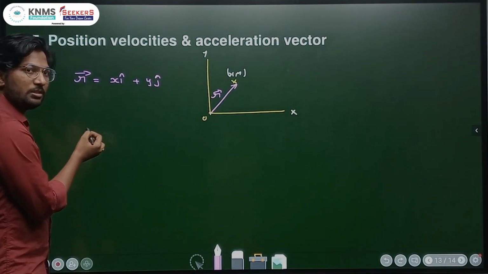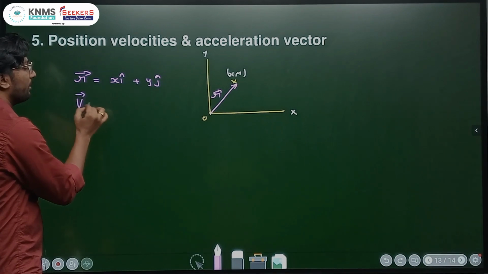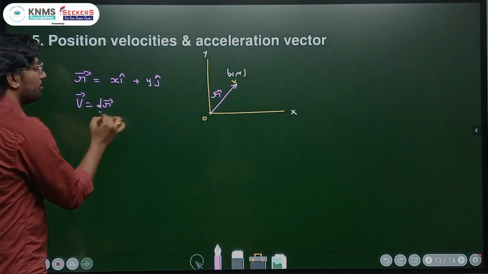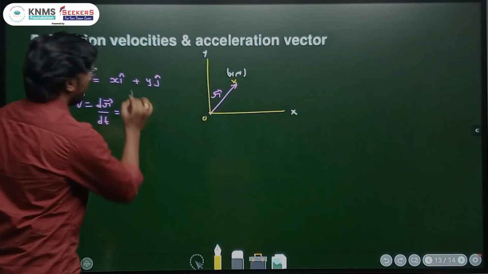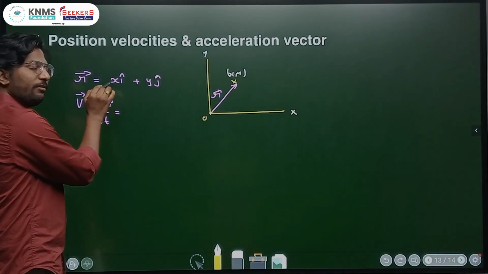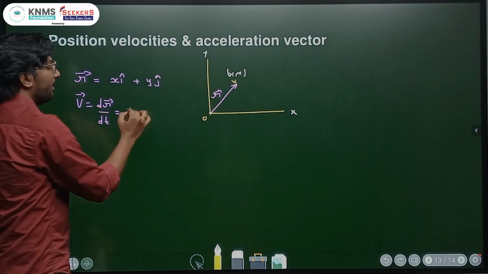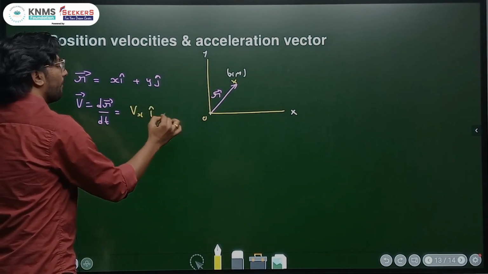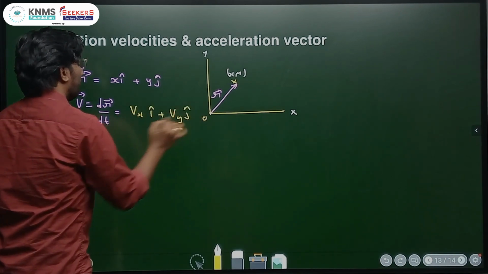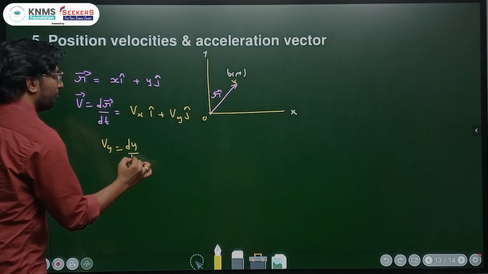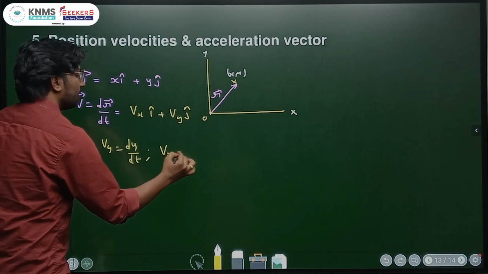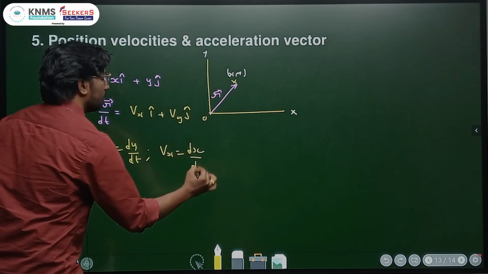You want to find the velocity vector, differentiate the position vector with respect to time. We have learned this already. You differentiate the position, you will get the velocity. So if you differentiate, you will get Vx i cap plus Vy j cap, where Vx is the differentiation of x position and Vy is the differentiation of y position.